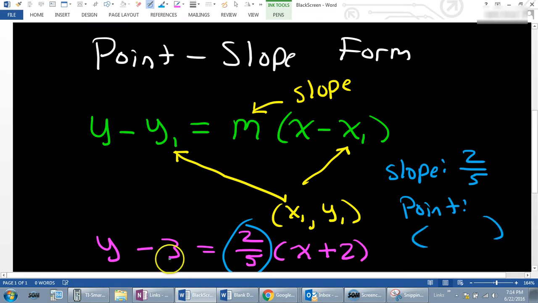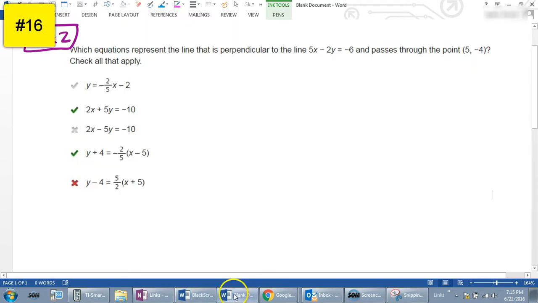Now watch how the point is just going to be the opposite of these. See how this looks like a -3? So the point would be +3 and then comma -2. Okay, so that's the background that you needed to know to be able to even begin to do this problem. So let's get started.